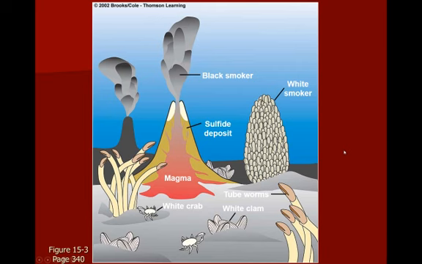I don't even know why I have this slide in here, honestly. This is under the ocean. How do we get minerals? I guess that's why I have this in here. You can get minerals just naturally. You don't have to mine them all the time. In this case, we've got a vent in the bottom of the ocean.